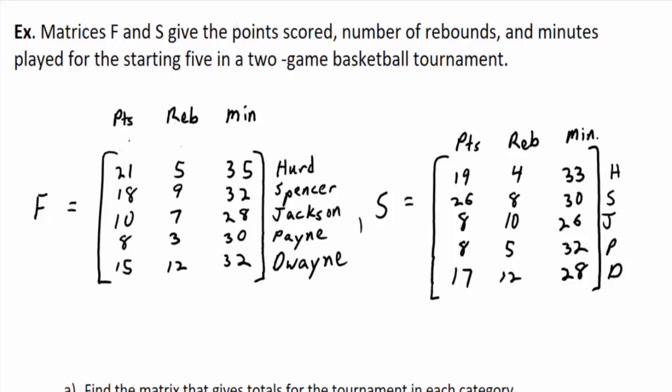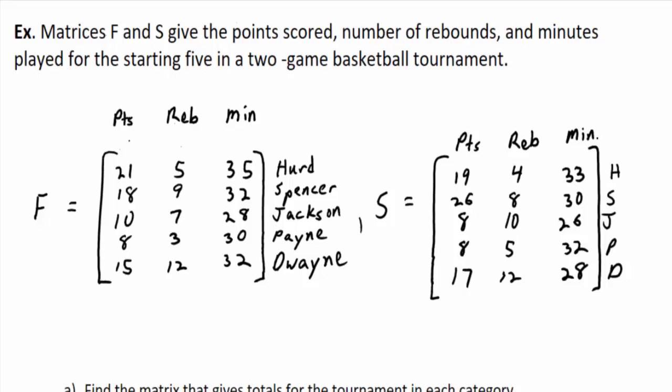So here we go. Matrices F and S give the points scored, number of rebounds, and minutes played for the starting 5 in a 2-game basketball tournament. So we have our first matrix here. I'm not going to read off all this for you. Columns would represent points scored, first column; second column, rebounds; third column, minutes; and then the starting 5 corresponding to rows.